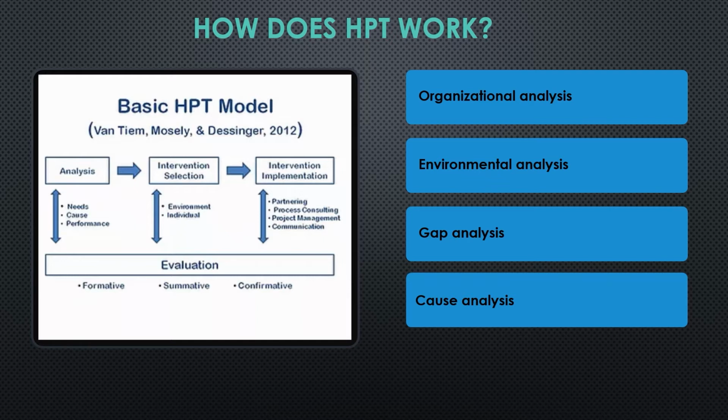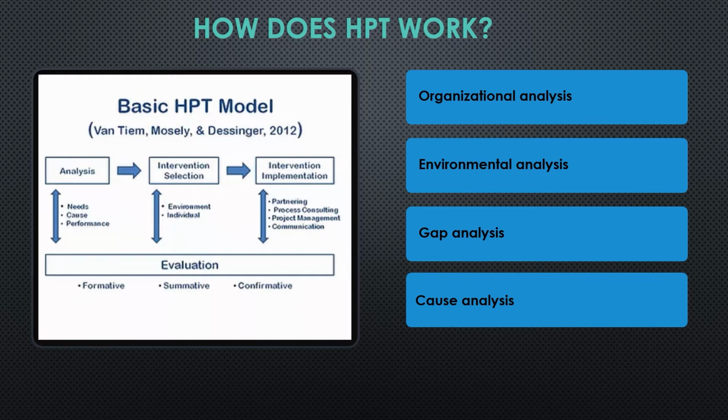Does it need improvement? Gap analysis involves identifying where the organization desires to be and outlining where the organization currently stands. And finally, a cause analysis. A cause analysis involves identifying the source of the problem.